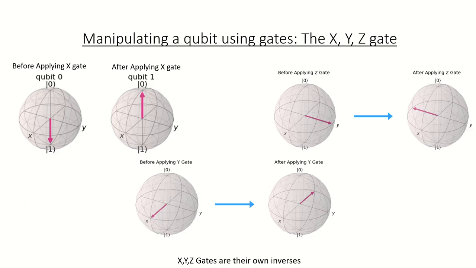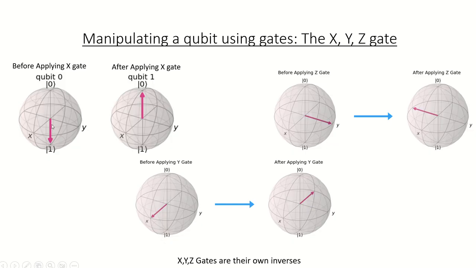So as there are logic gates in classical computers, similarly we have gates in quantum computers, which are the X, Y and Z gate. So these are nothing but rotating the column vector through pi radians or 180 degrees along the respective axis. So applying X gate means rotating this vector.